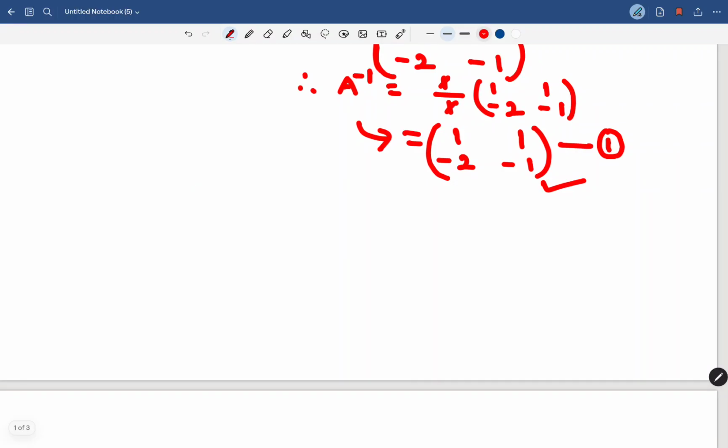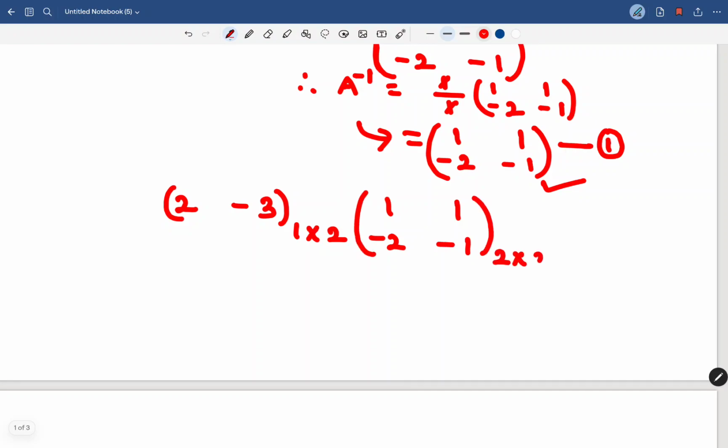First multiply 2, minus 3, which is 1 row 2 columns, with the matrix 1, 1, minus 2, minus 1, which is 2 cross 2. Here the column is 2 and here the row is 2, both are equal, so multiplication of this matrix with this matrix is possible.